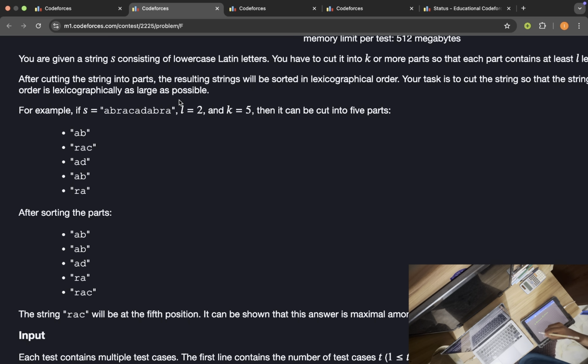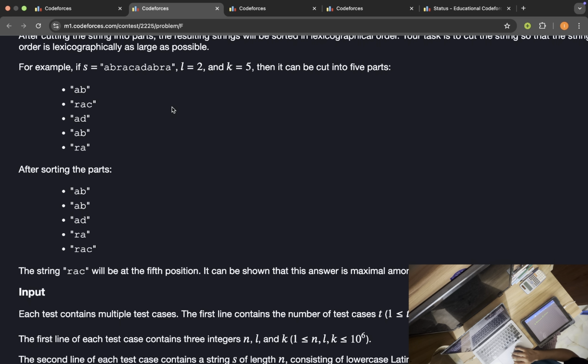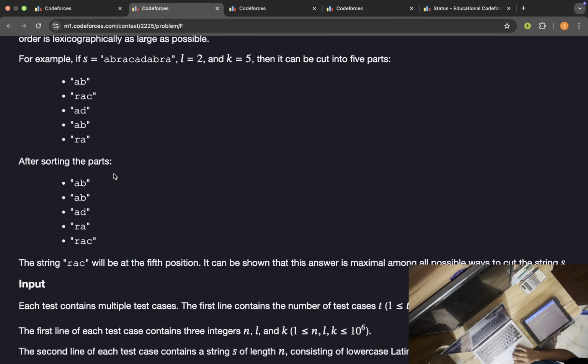Let's think about a suffix array. AB array, AB, AB AD RA, RAC.